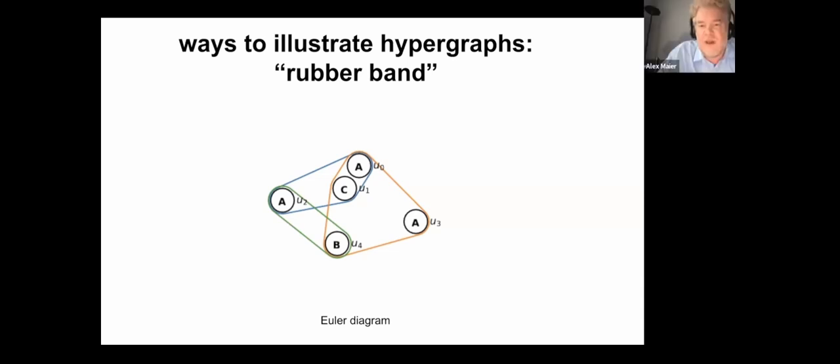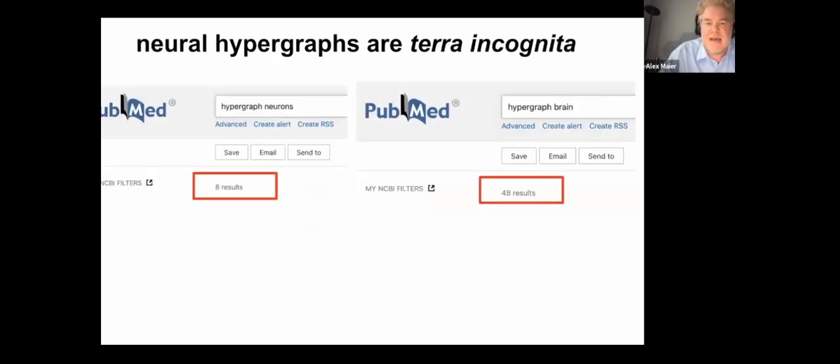So this is a different way to think of a hypergraph, where each of the letters here, the circles A, B, and so on, those are different nodes. And then what you see in colors, what kind of looks like rubber bands that stretch between them, are hyperedges. Each time that you see here a hyperedge that spans more than 2 nodes, so the green would be a regular edge in a graph, but then the blue and the orange rubber bands, they show you that there is a non-pairwise relationship. It's a hyperedge.